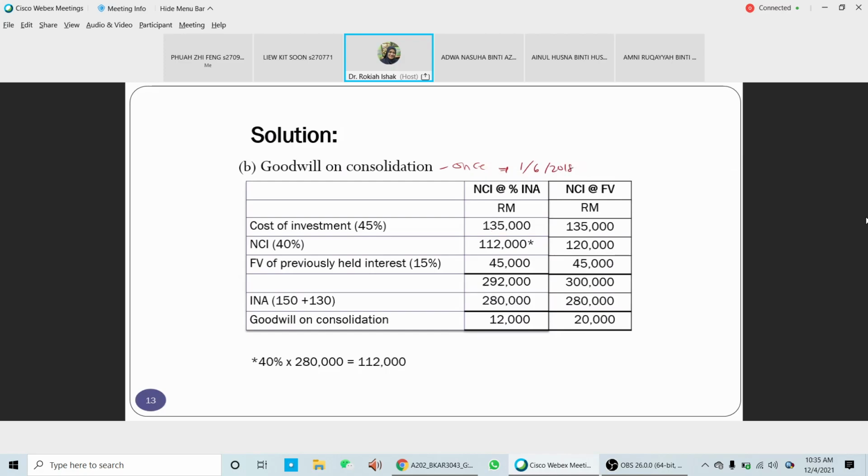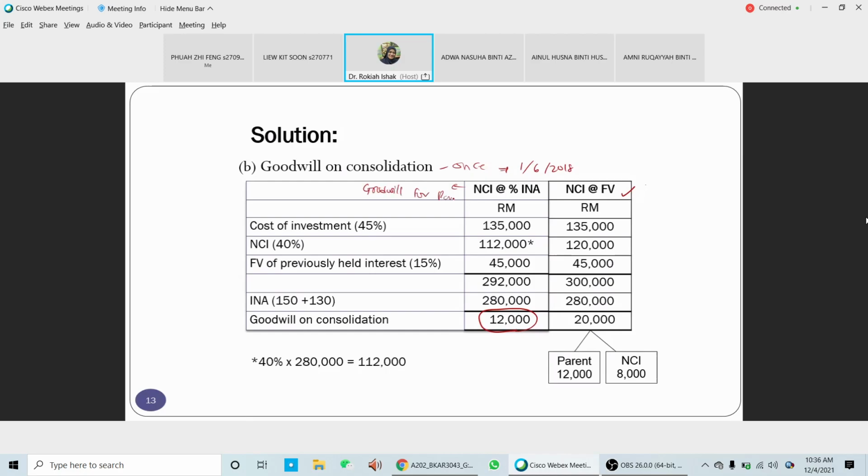It is prepared based on both methods, but we're going to use NCI at fair value because it already mentions that the NCI was measured at fair value. But we need to prepare both here because we want to know how much goodwill we're going to allocate to the parent and NCI. The one that you prepare for the NCI at net identifiable assets, then we know the goodwill for the parent.